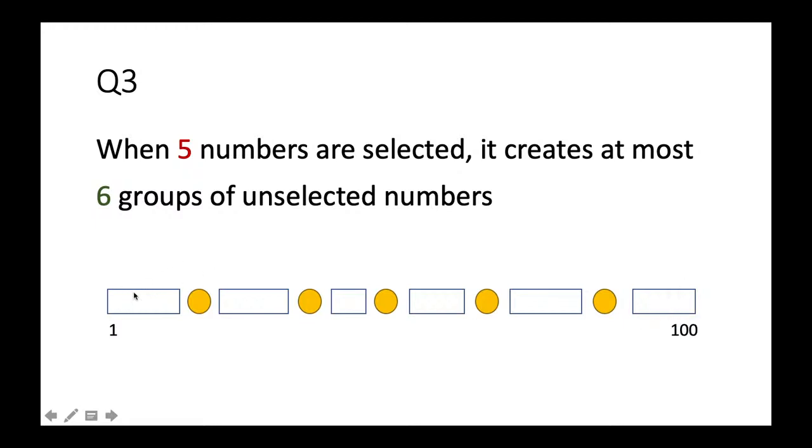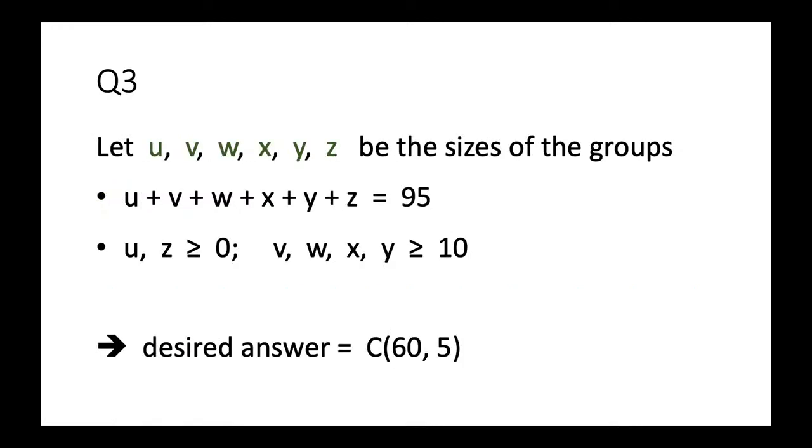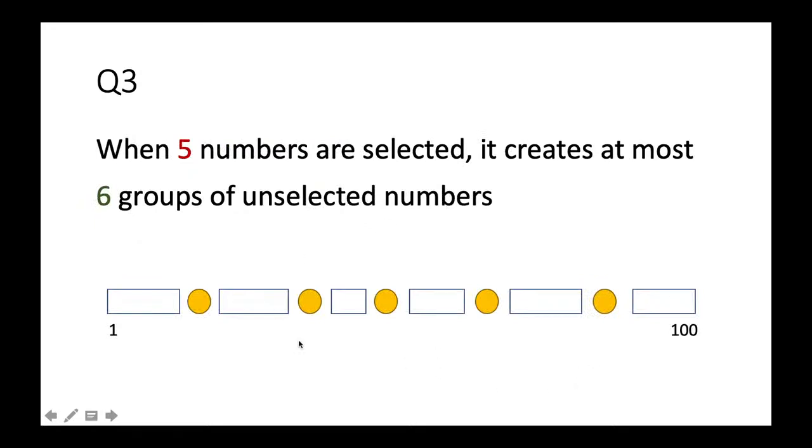So in that sense, we can change it to a problem like this. There are some mistakes here, but the basic idea is the same. We need u plus v plus w plus x plus y plus z to equal 95. The reason is that we have 100 numbers in total, but we are taking away 5 of them.